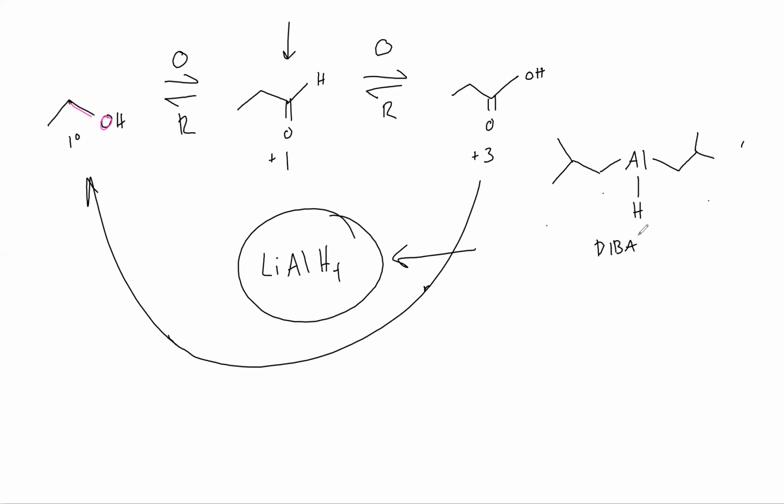Because DIBAL is much more sterically hindered, it can only really release one hydrogen at a time. So this will only reduce one step. Okay? But again, what's more important in this class is the oxidation using PCC or the potassium chromate stuff. This isn't as important, but I did want to touch on it.